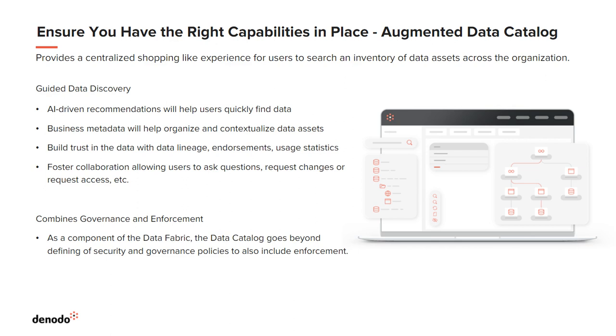What's key is when people are coming and finding the different data sets that might be available to them, to make sure they have trust in that. So I think it was mentioned by Tom earlier, around data lineage and understanding where that information they're going to be using comes from.